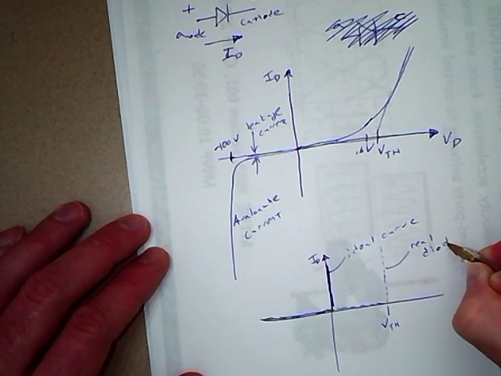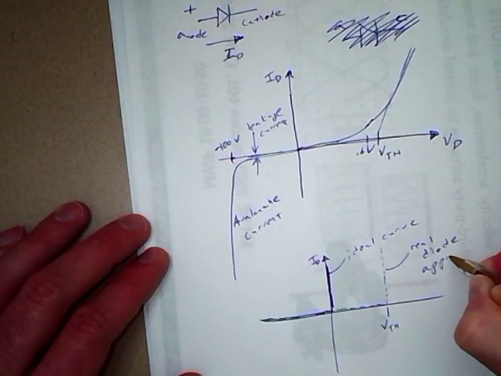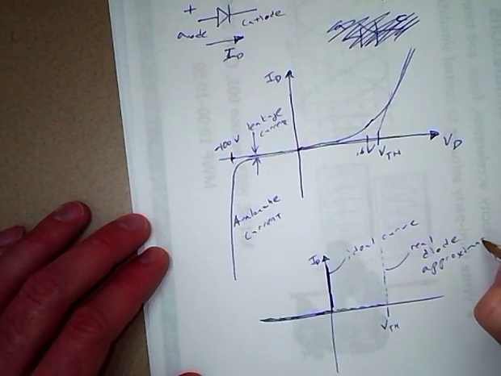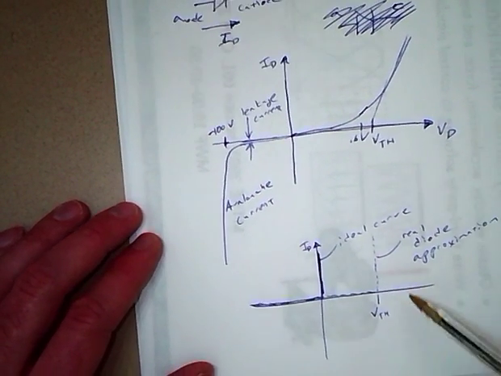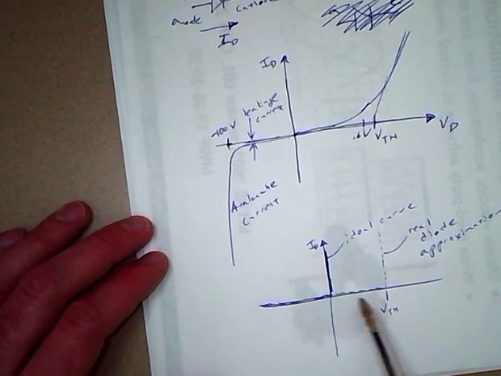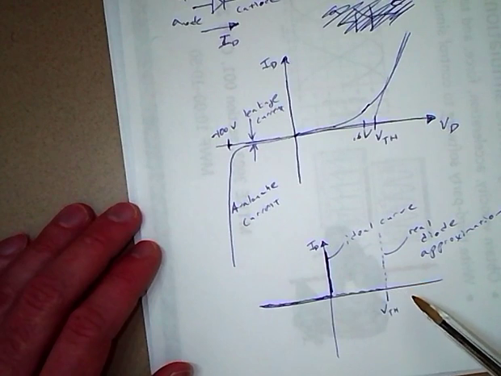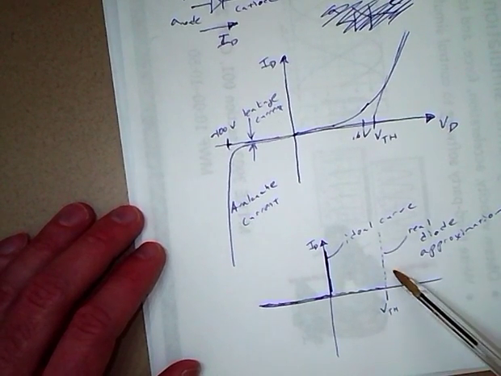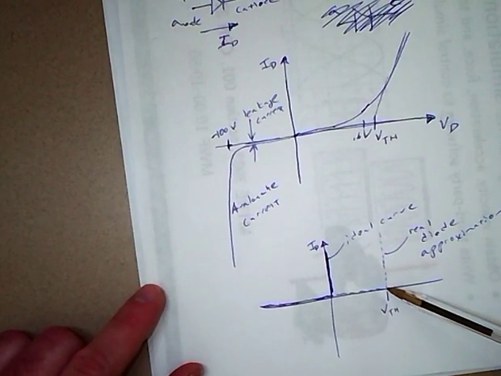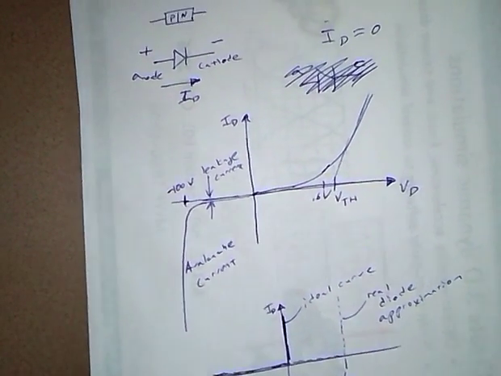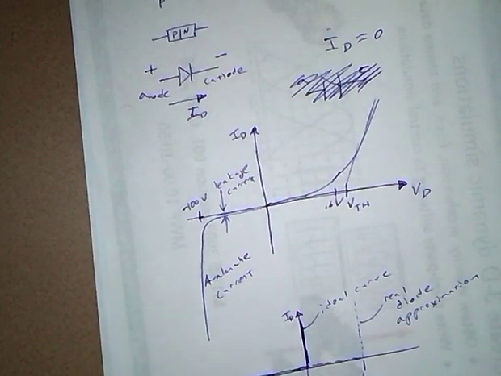So this is the real diode approximation. So in our applications, we will just consider a diode to have this behavior. Infinite resistance for voltage less than the threshold voltage, and then past that, there's just a constant voltage drop. So we'll look at that a little bit more.